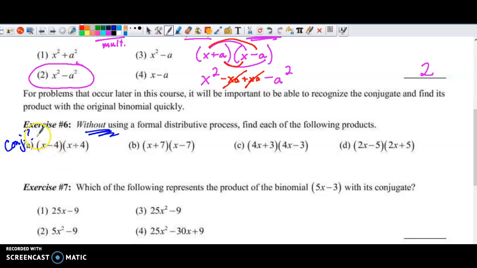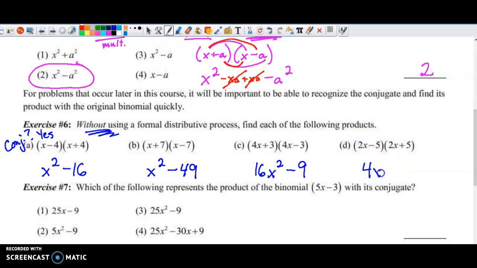And if your answer is yes, then you can just do the first term with the last term. Do you have conjugates? Yes. You can do just the first term, 4x times 4x is 16x squared, and then do the last term, 3 times negative 3 is negative 9.